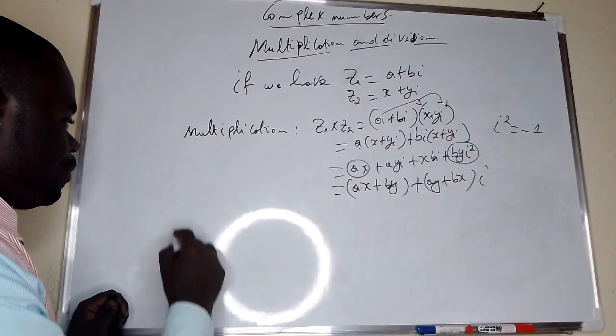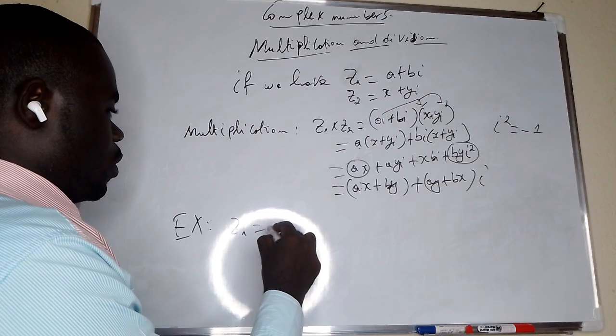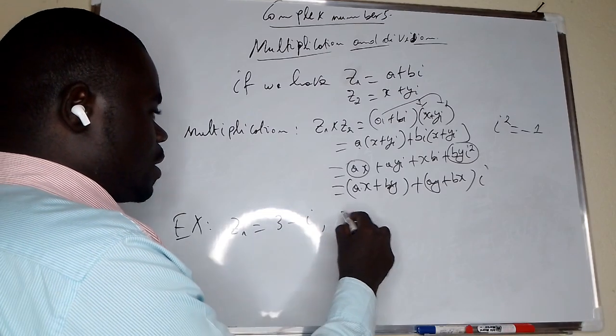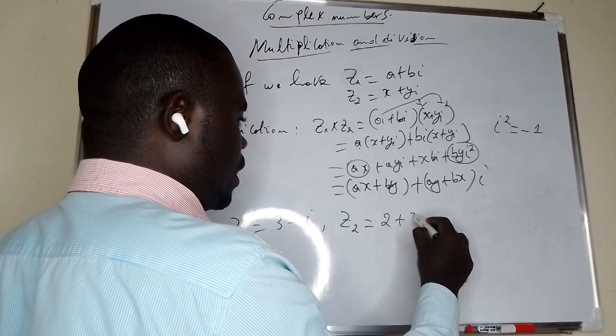For example, we can take z1 which is equal to 3 negative i, and z2 which is equal to 2 plus 3i.